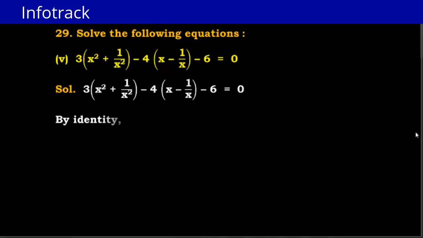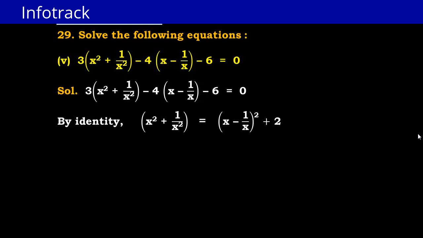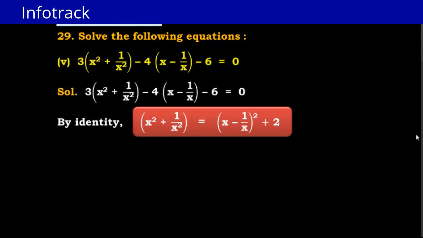So we can use the identity x square plus 1 upon x square is equal to x minus 1 upon x the whole square plus 2. That means instead of this x square plus 1 upon x square, we can write this x minus 1 upon x the whole square plus 2.